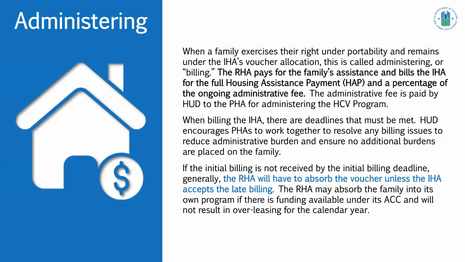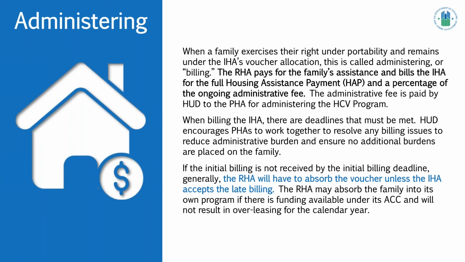If the receiving housing authority is administering the family's voucher for the initial housing authority, when the family ports and remains under the initial housing authority's voucher allocation, they will stay a part of their ACC contract. The receiving housing authority pays for the family's assistance and then bills the initial housing authority for the full housing assistance payment and a percentage of the ongoing administrative fee, or it's also referred to as the admin fee.